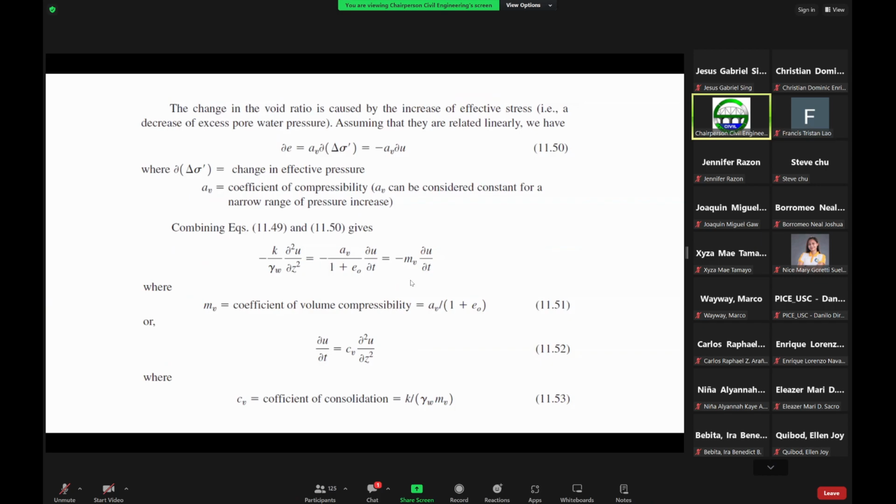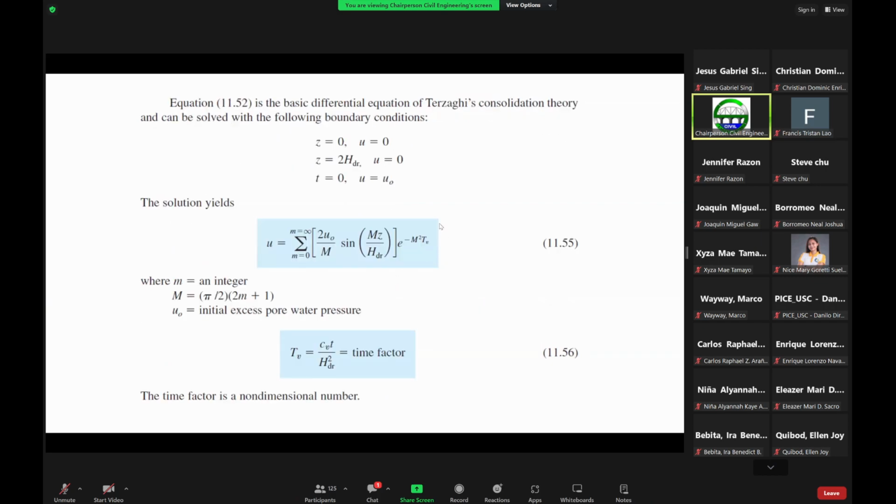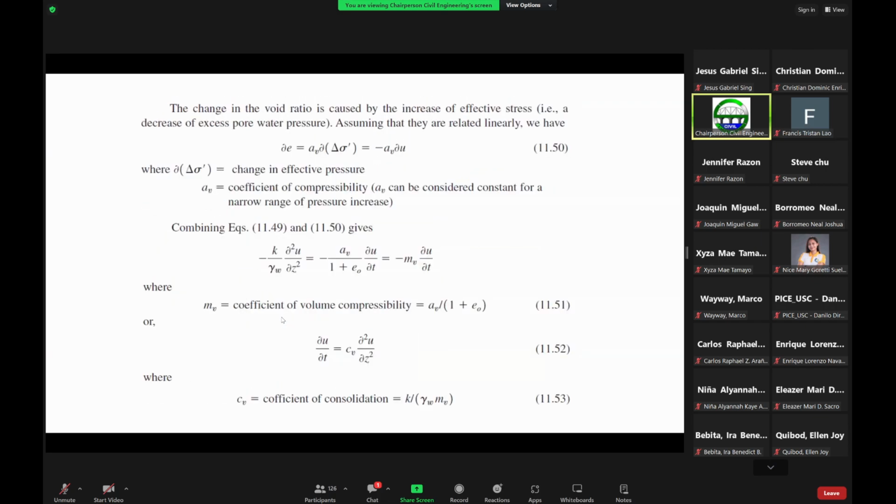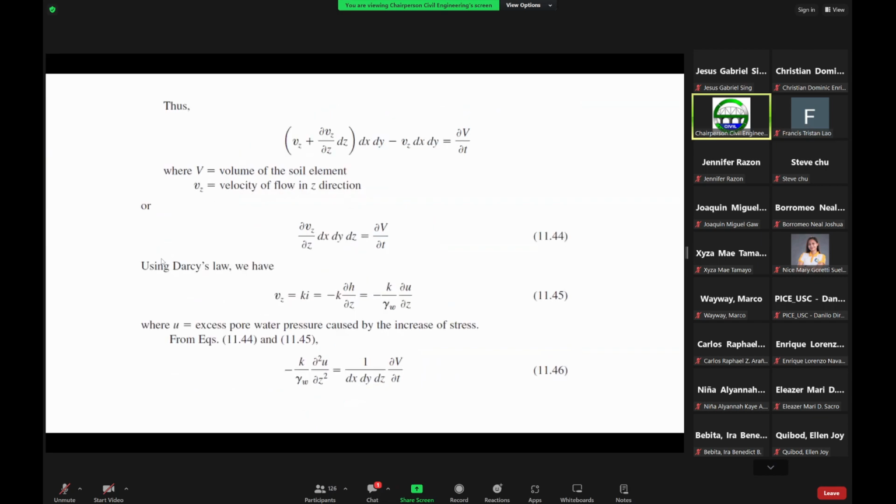And T sub V here is your time factor, which is a non-dimensional number, equal to C sub V times T, which is your time, over HDR squared, where HDR is derived from here.